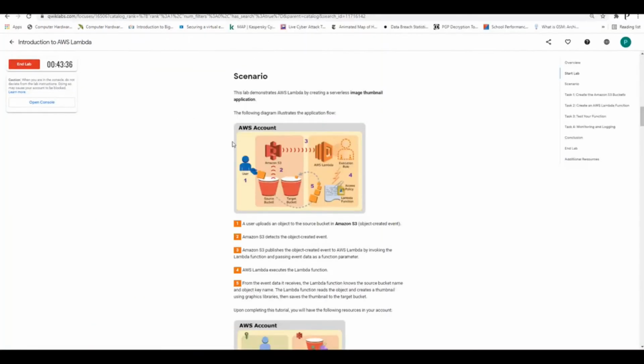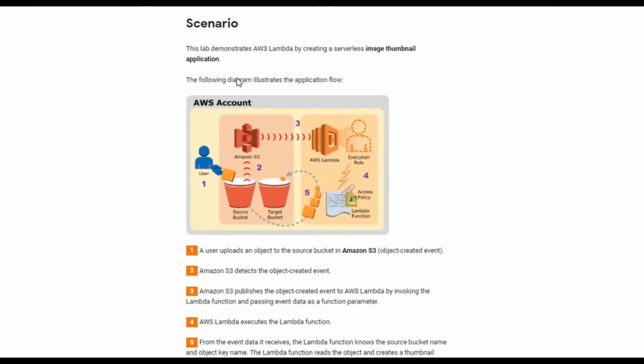Let's enlarge it. Now let's see the scenario. This lab demonstrates AWS Lambda by creating a serverless image thumbnail application. The following diagram illustrates the application flow. First, a user uploads an object to the source bucket in Amazon S3. Second, Amazon S3 detects the object created event.